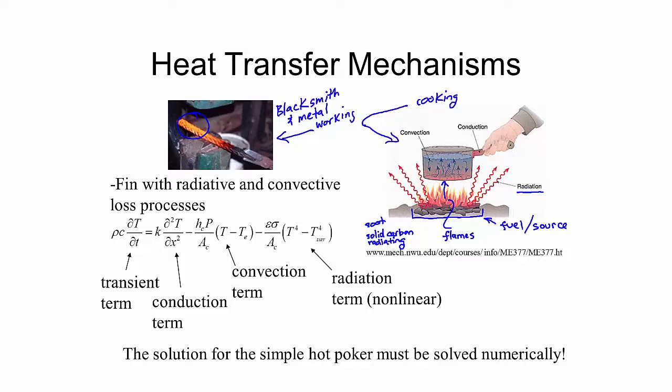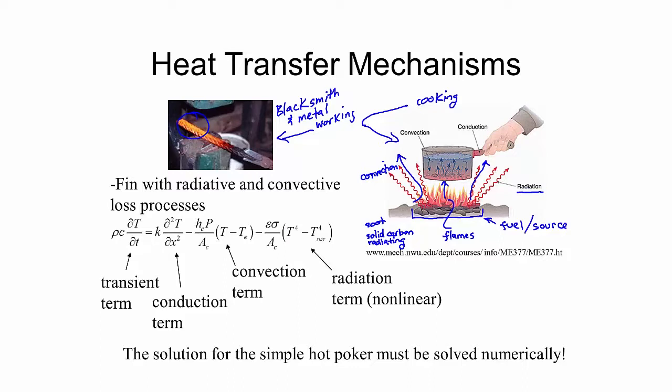Typically, that's not the dominant heat transfer mechanism, for example, in this cooking system. What's the dominant mechanism is the convective flow, or sometimes direct contact in terms of conduction. But in this case, it might be the convective flow. So the hot gases have a much lower density than the surrounding gases around them.